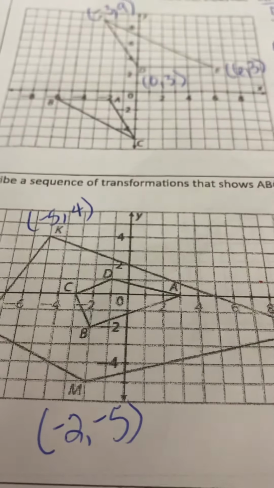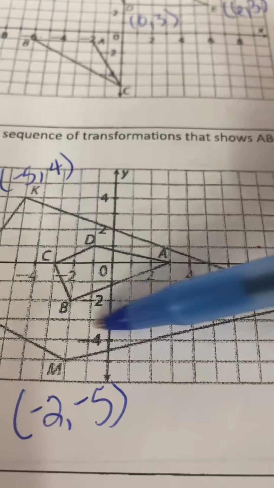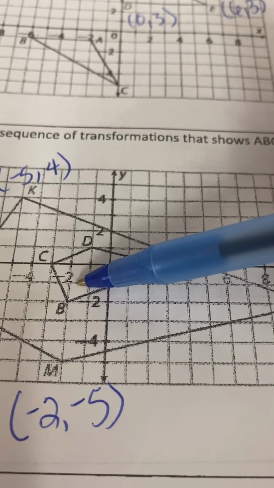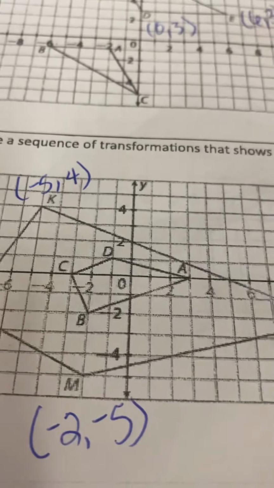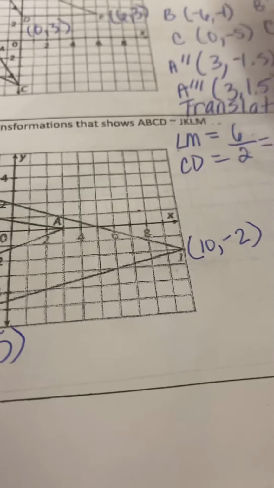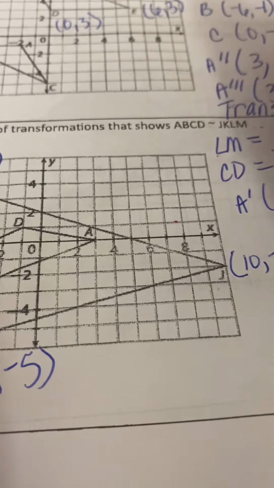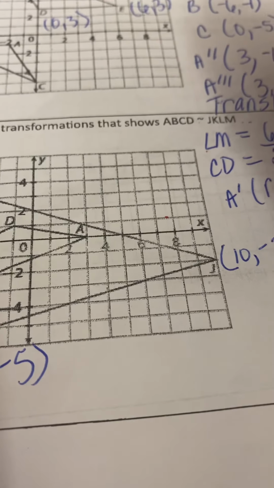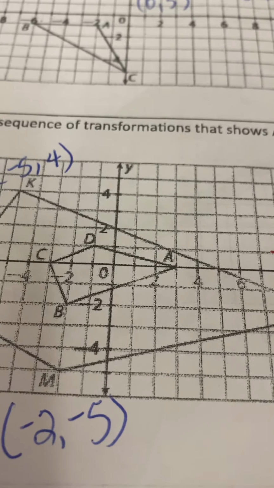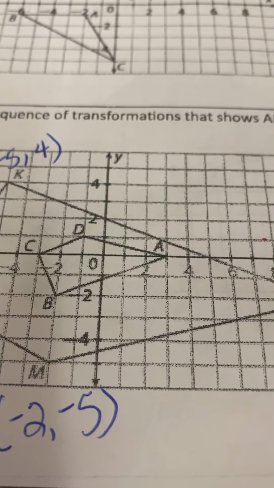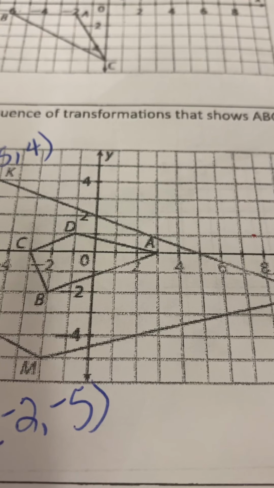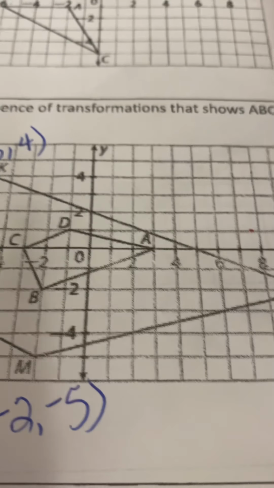So now we want to dilate each of the points of our pre-image by 3. That's going to give us A prime, B prime, C prime, and D prime. Because A is at the point 3, 0, we multiply that by 3, that gives us 9, 0.